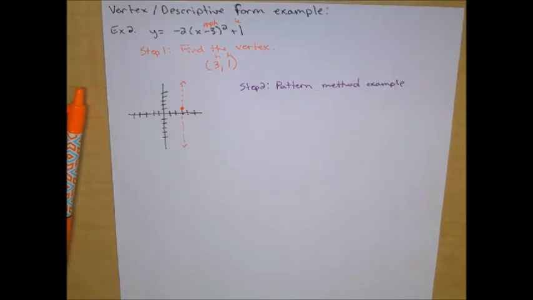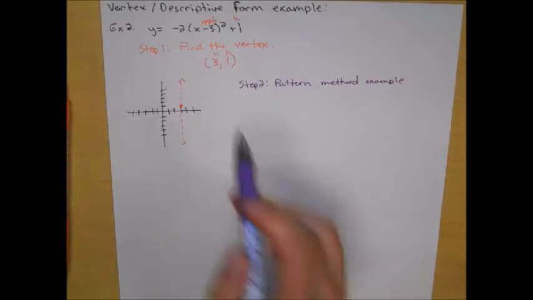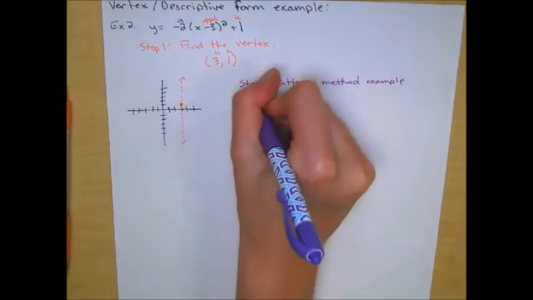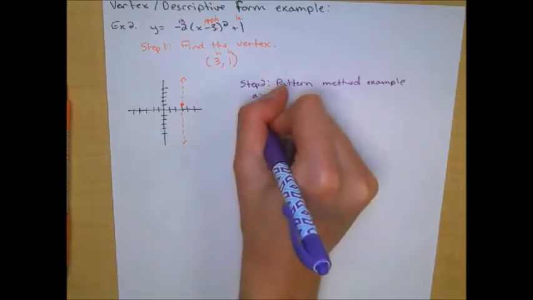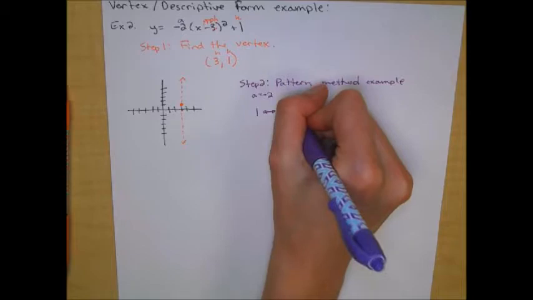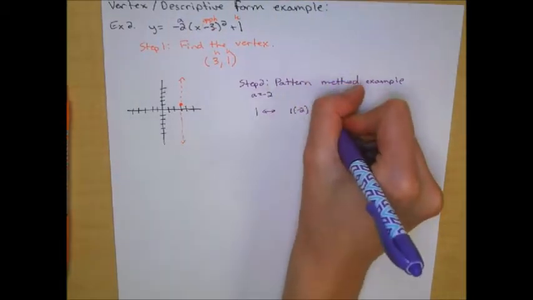Okay, so looking at our pattern, back in your notes, I'm going to write this all down again, and we need to find what our A is. So I look, my A is -2. We're going to go 1 left and right. 1 times -2 is -2.